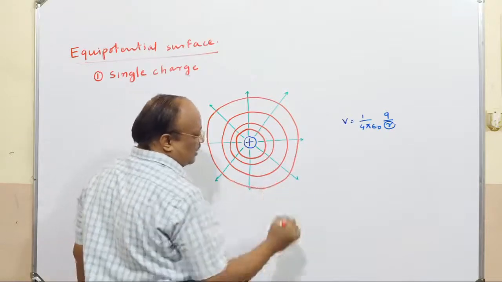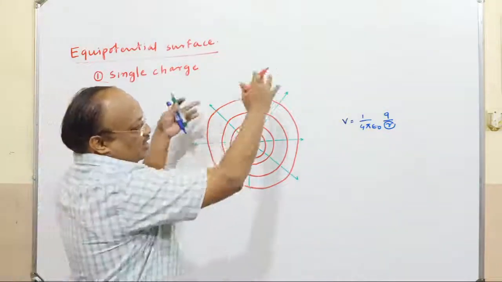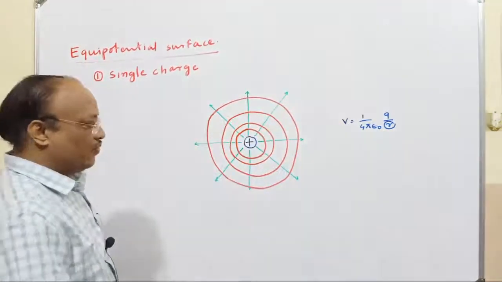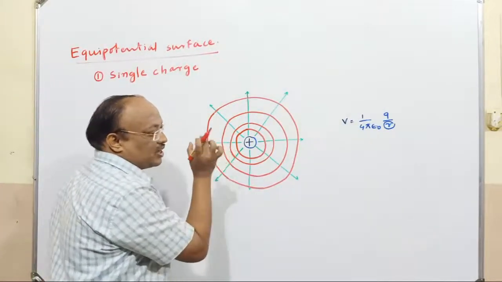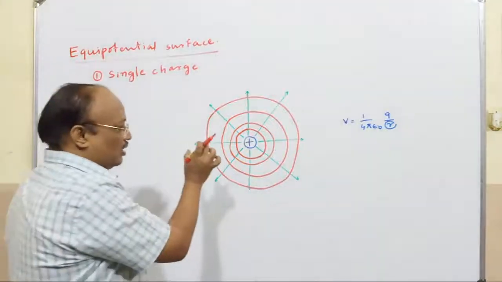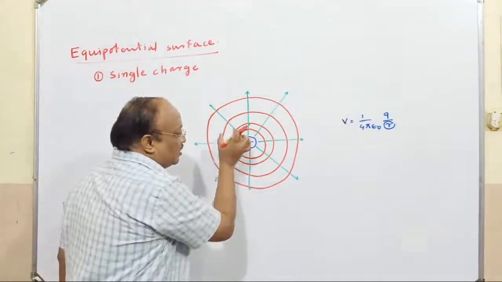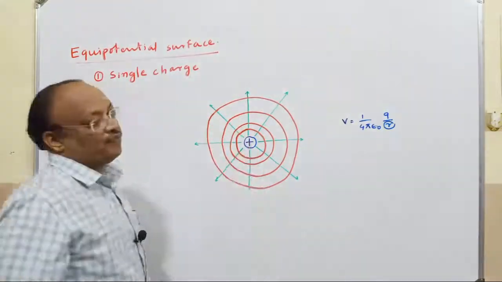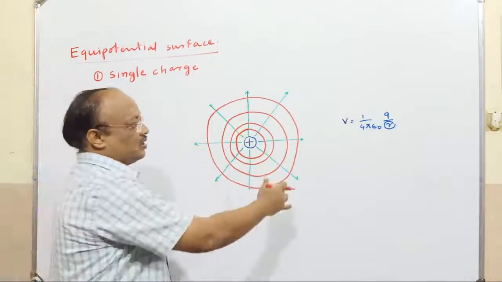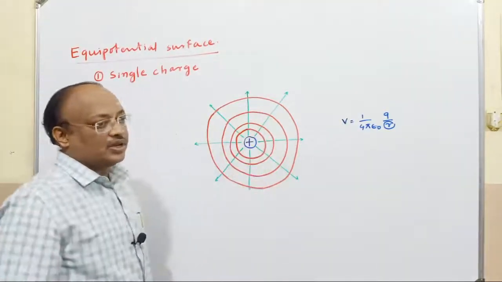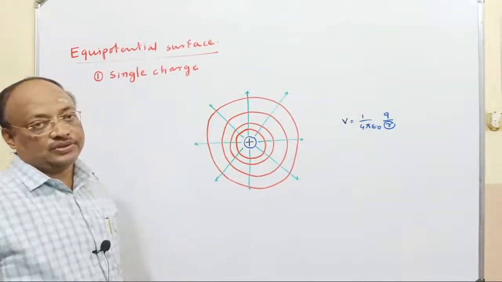As the field decreases, electric lines of forces spread out, whereas the spacing between the equipotential surfaces will increase. So this is the equipotential surface you draw for a single charge.